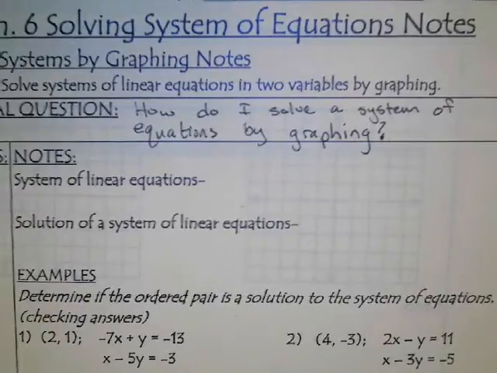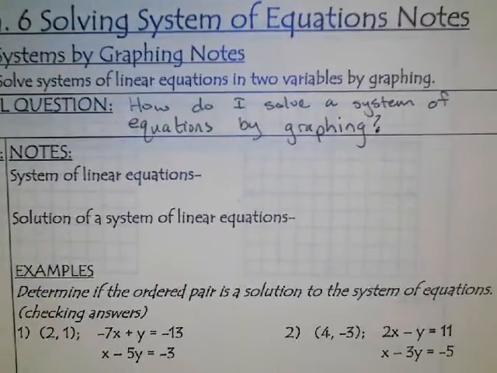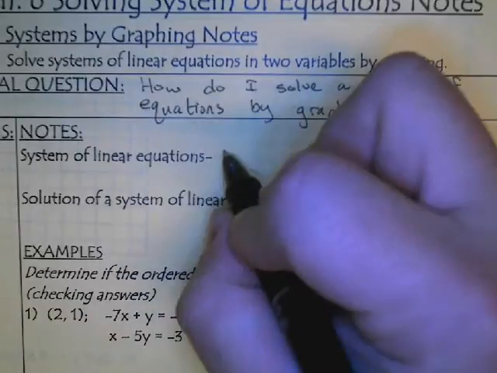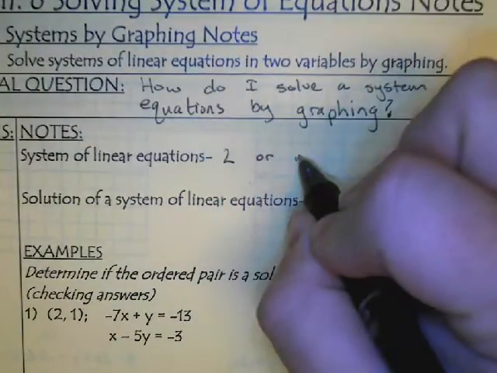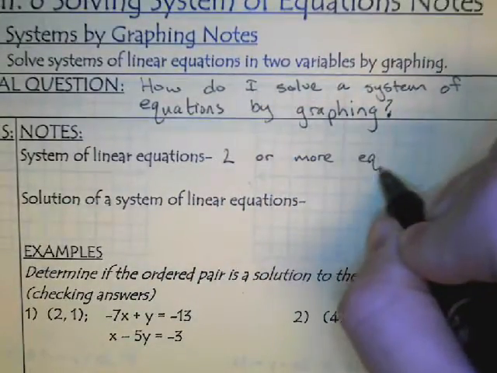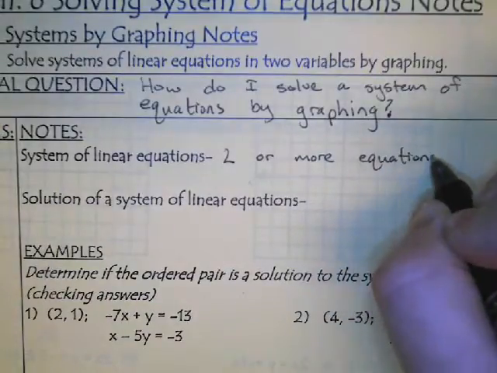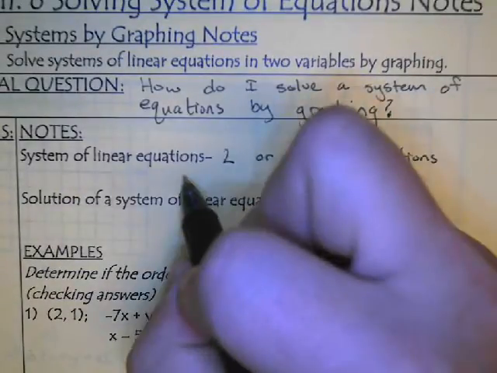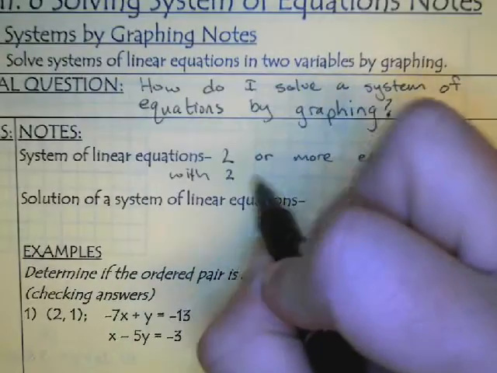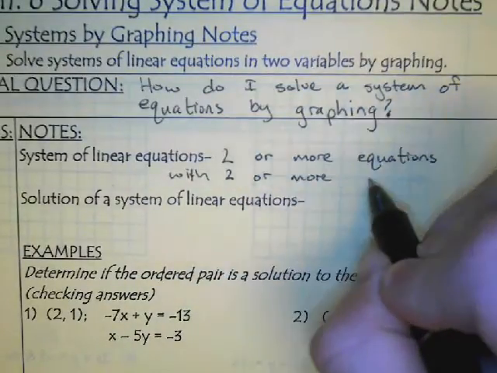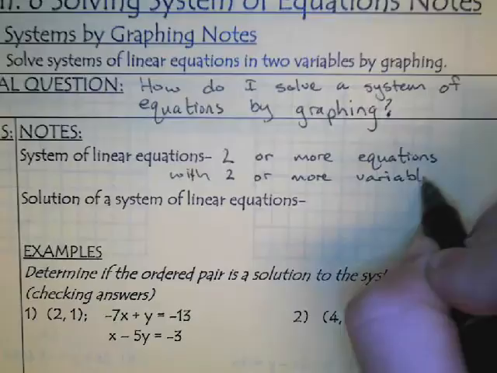So first we'll need to know what a system is. And a system is two or more equations with two or more variables.